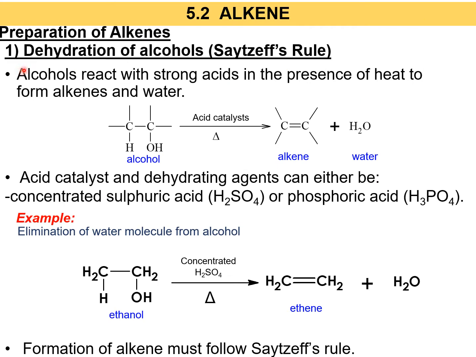Okay, so let's go through the first type untuk you prepare alkene melalui cara dehydration of alcohol, di mana kalau let's say you ada alcohol, okay, and then you need to reactkan dia dengan strong acid catalyst in the presence of heat, okay, nanti you akan dapatlah produk alkene dan juga water, di mana kat sini the type of reaction yang terlibat ialah elimination reaction, okay, di mana kita eliminate dua benda kat sini, di mana kita akan eliminate hydrogen dan juga OH, okay, kita akan eliminate OH dekat another carbon atoms, okay.